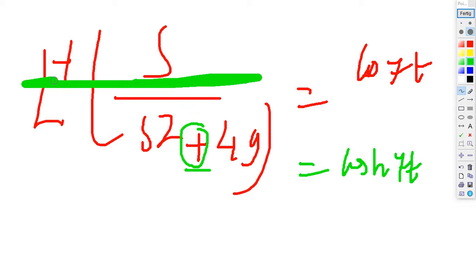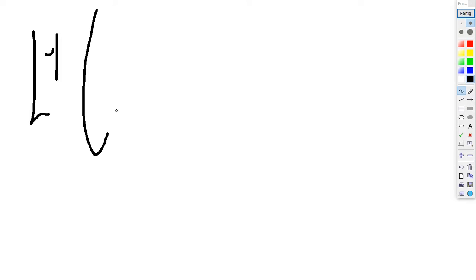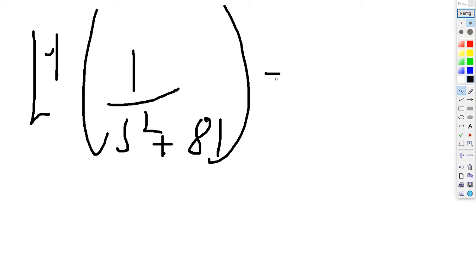Let's make one more example. The inverse of 1 by s square plus 81 equals sin 9t divided by a.